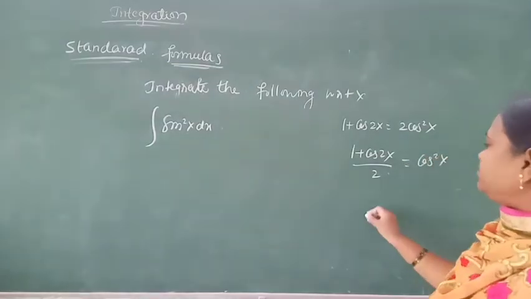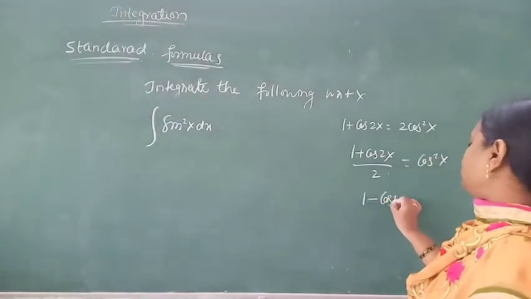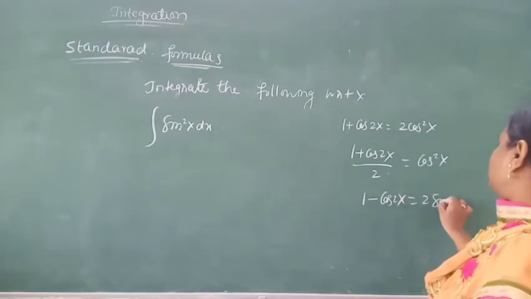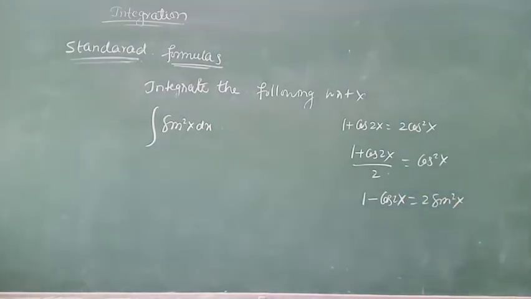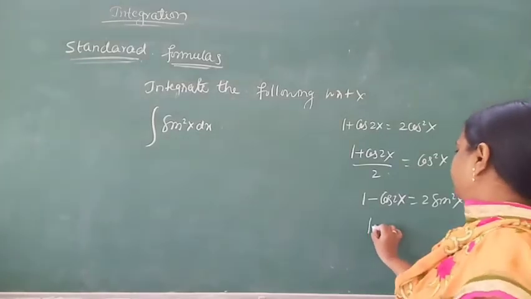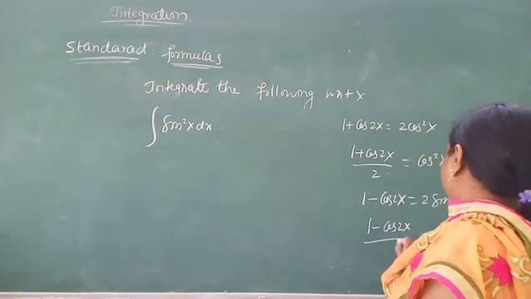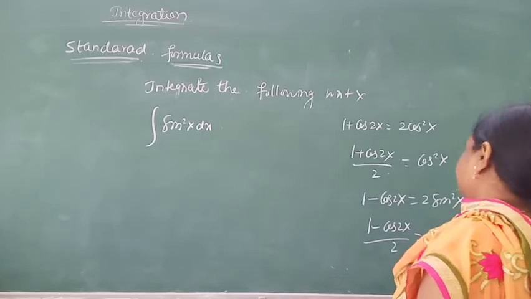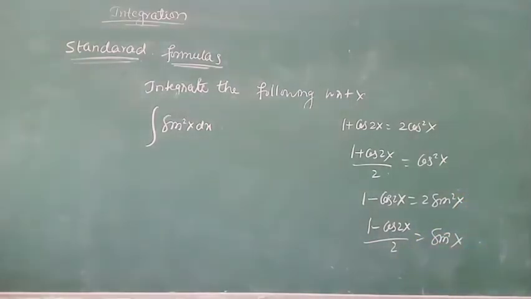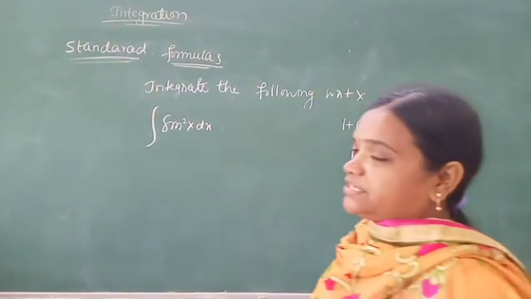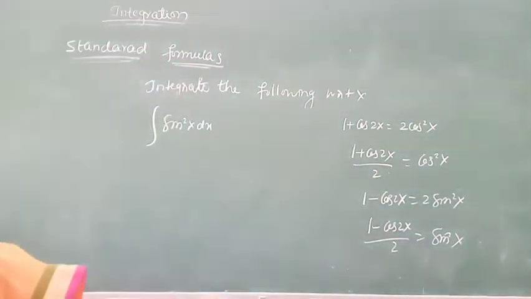And another formula in trigonometry, please recall: 1 minus cos 2x is 2 sin square x, means 1 minus cos 2x by 2 is sin square x.